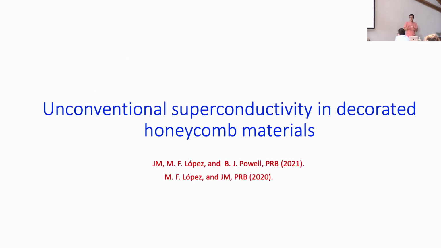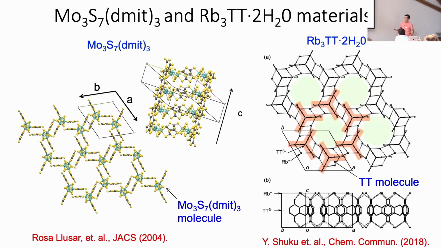So I'll now switch gears and talk about these decorated honeycomb materials and the possibility of having a conventional superconductivity. These materials, as I was saying, are less popular in the organic community.